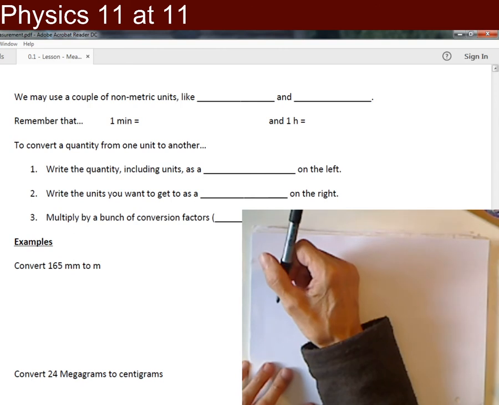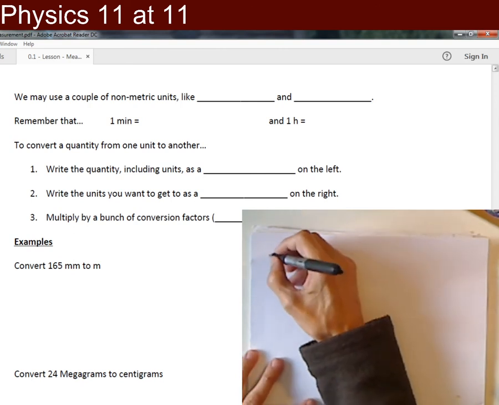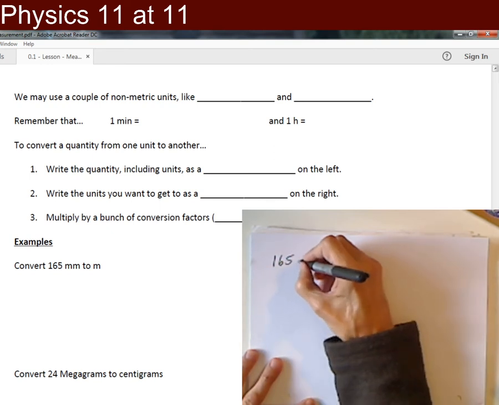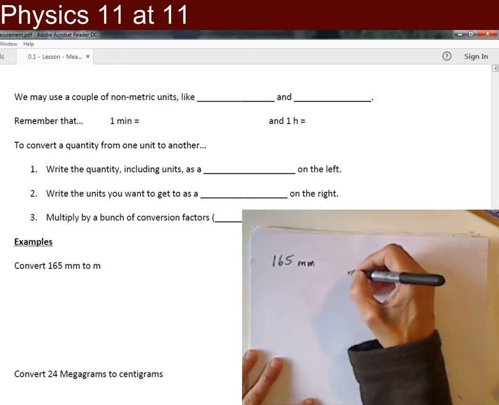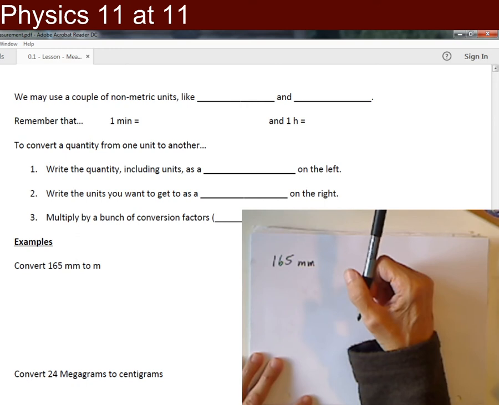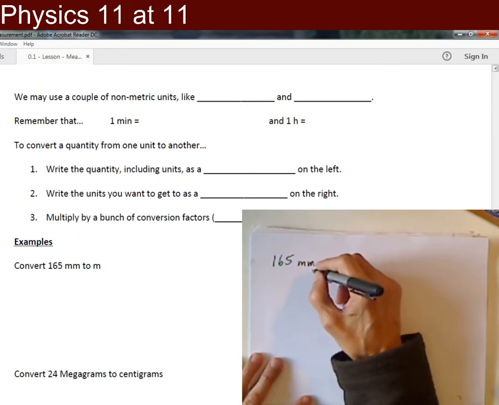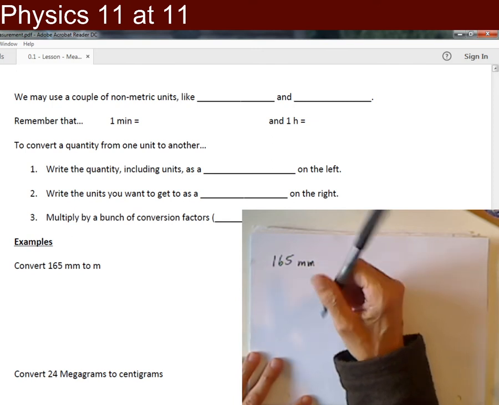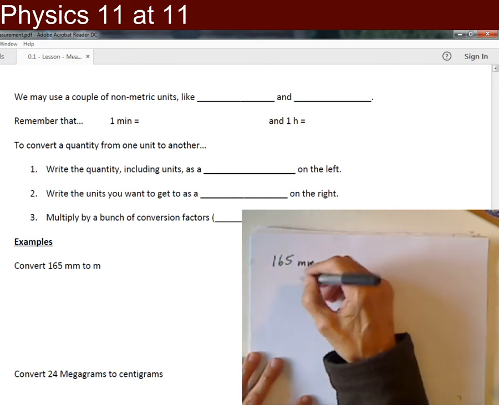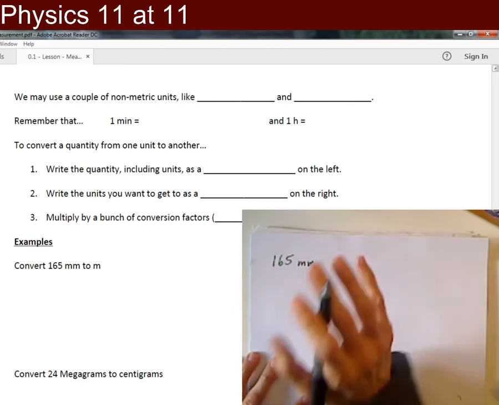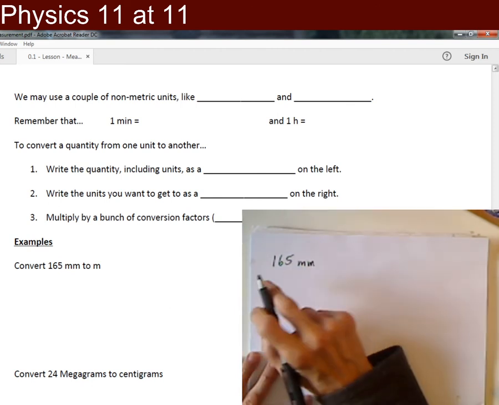Now, how it works is like this. 165 millimeters. Now, if you look at numbers 1, 2, and 3, those blanks up there, they're just referring to what they say, which is write the quantity as a fraction. We'll do that when it comes up, but it doesn't apply yet, so I left it out.